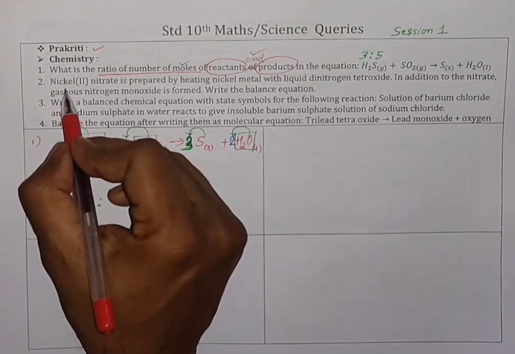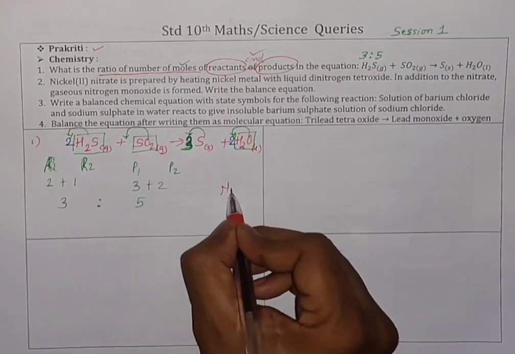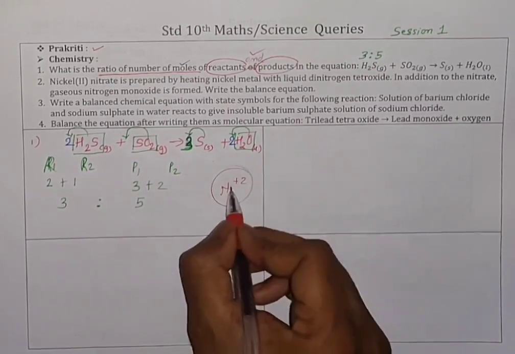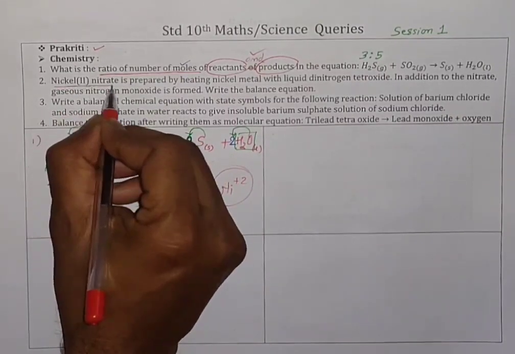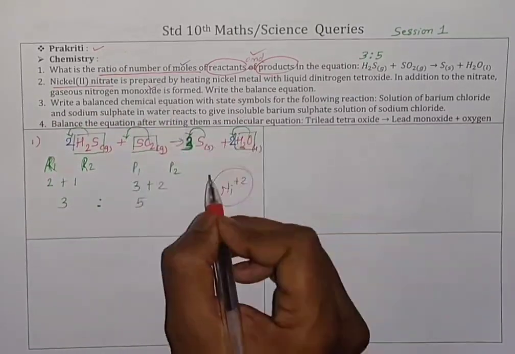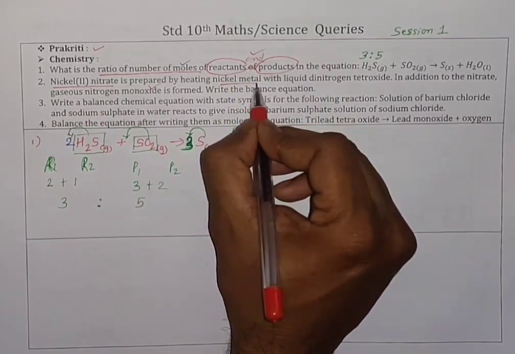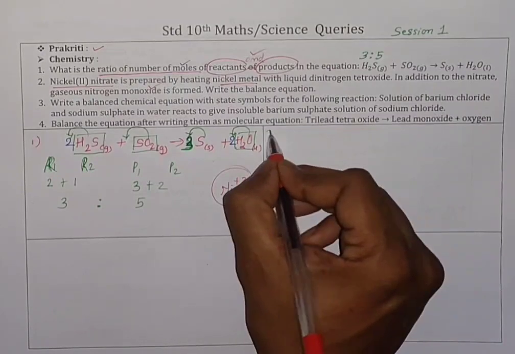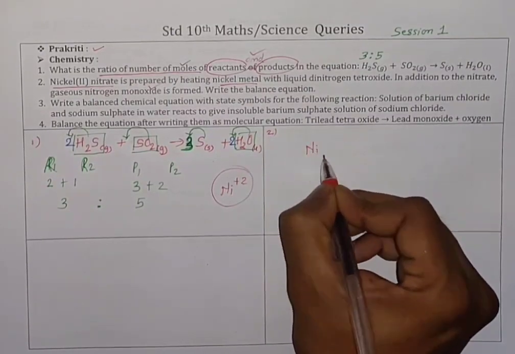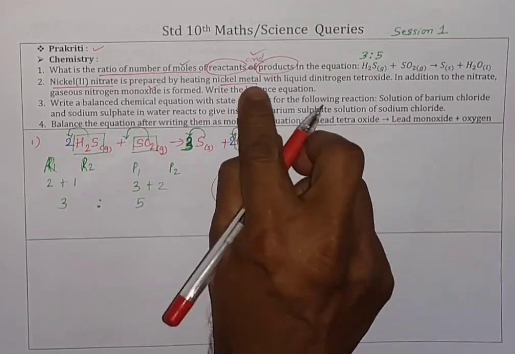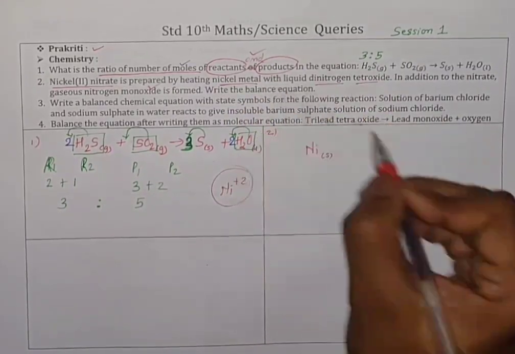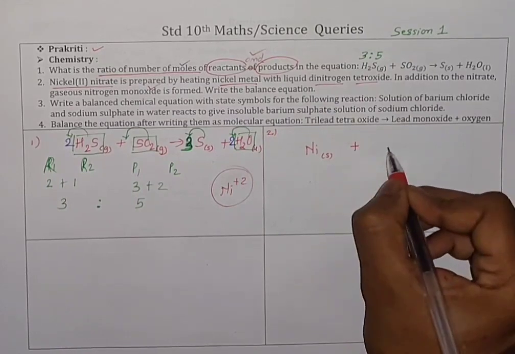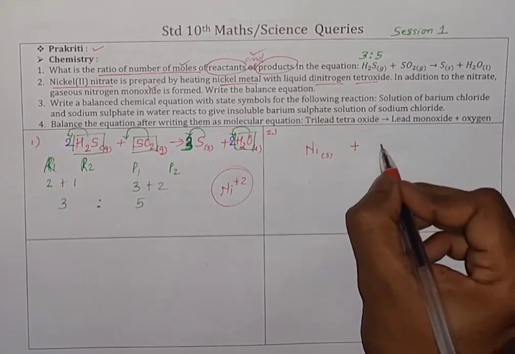Okay. Next, nickel 2. That means Ni plus 2 wala. Nickel 2, actually nickel nitrate is prepared by heating nickel metal. आप निकल मेटल को हीट कर रहे हैं, nickel in solid state with liquid dinitrogen tetroxide. चिल्ड्रन किसके साथ रिएक्ट कर रहे हैं? डाइनाइट्रोजन.